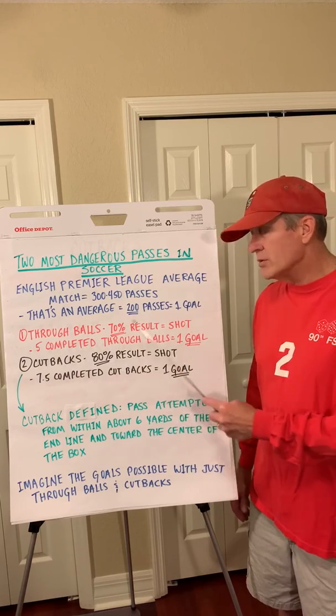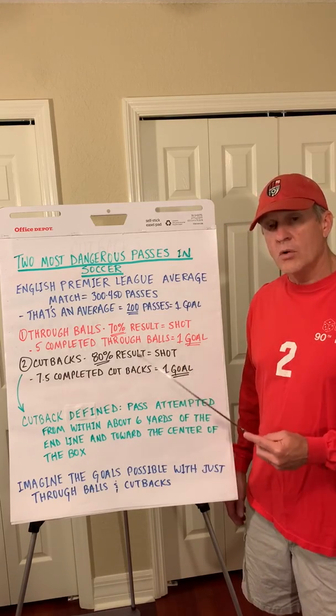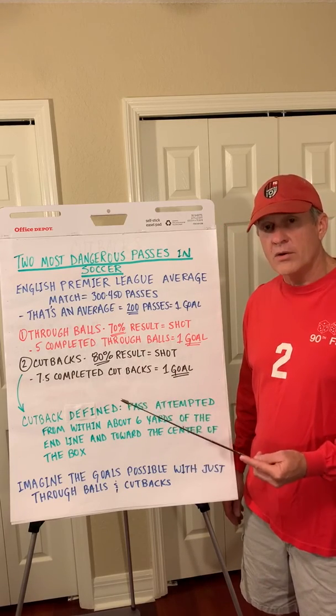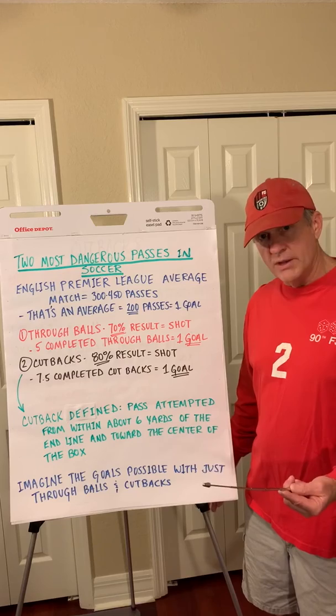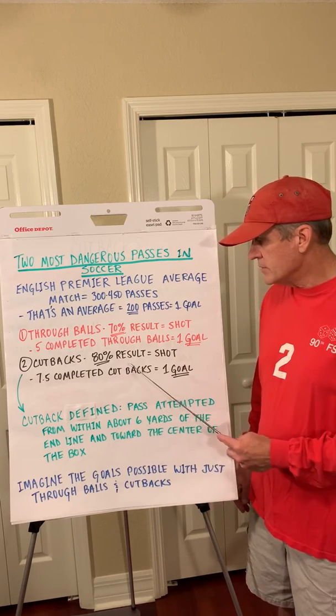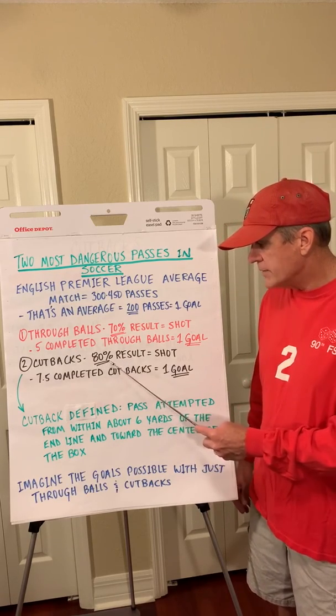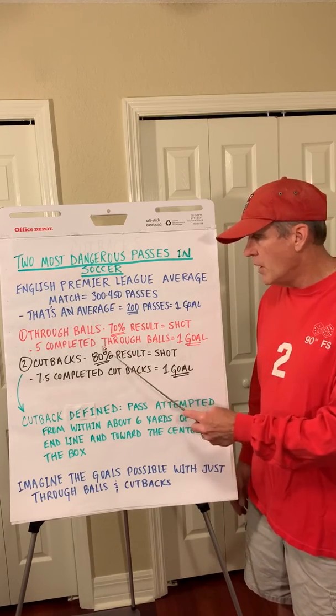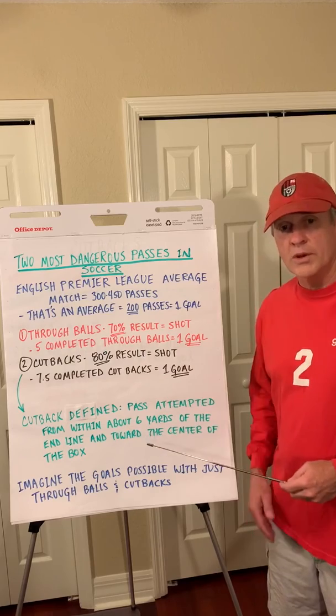So you can see there's a large opportunity to score a goal with either a through ball or a cutback, thus the article that was titled "The Two Most Dangerous Passes in Soccer." It's also fascinating that if you look at cutbacks, you actually have the opportunity to get more shots, but if you look at through balls, you have an opportunity to score more goals.